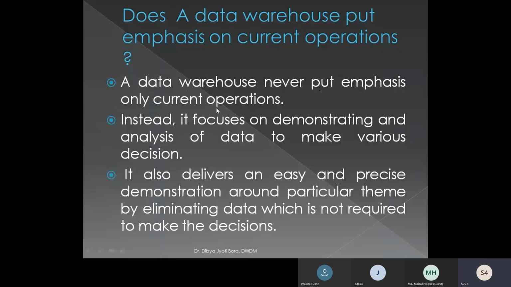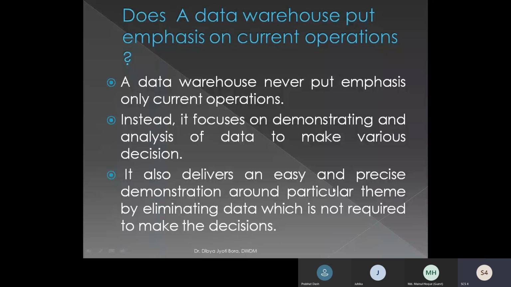So if someone asks whether the warehouse gives emphasis on current operations or not, the answer is no, because in this case the main aim is to get some idea about the decision making process, right?